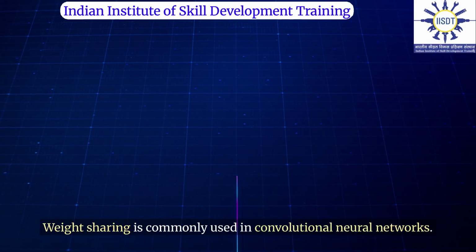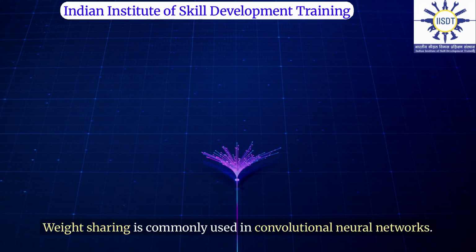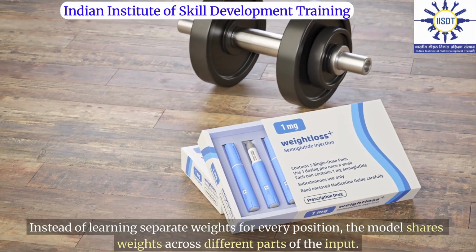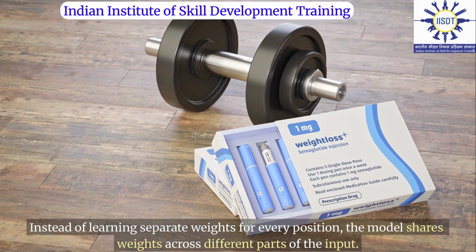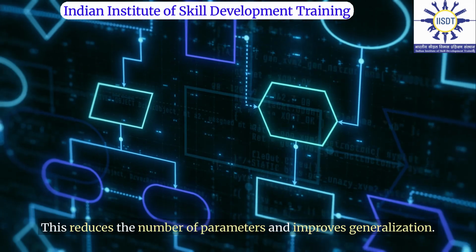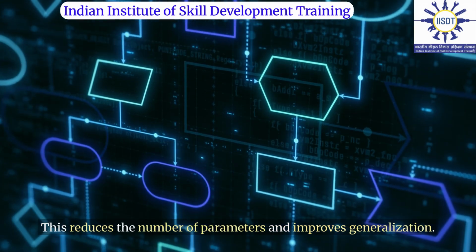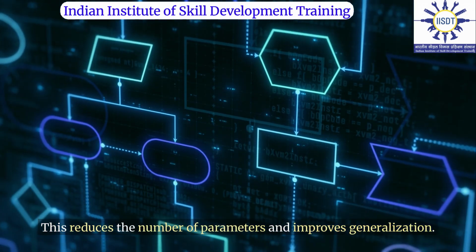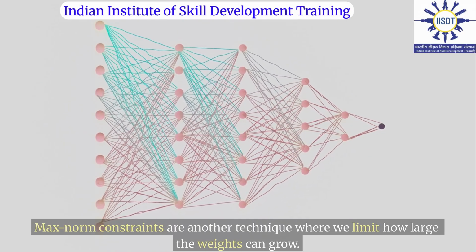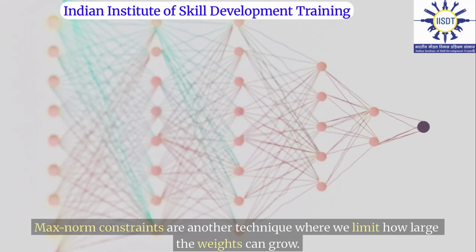Weight sharing is commonly used in convolutional neural networks. Instead of learning separate weights for every position, the model shares weights across different parts of the input. This reduces the number of parameters and improves generalization. Max norm constraints are another technique where we limit how large the weights can grow.